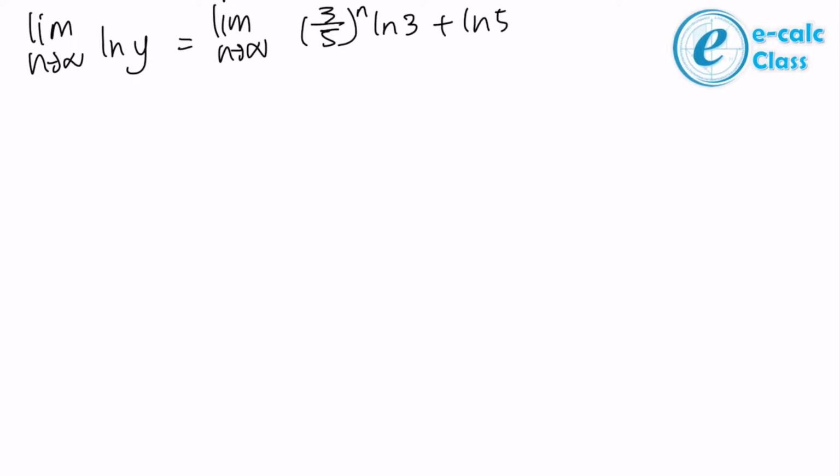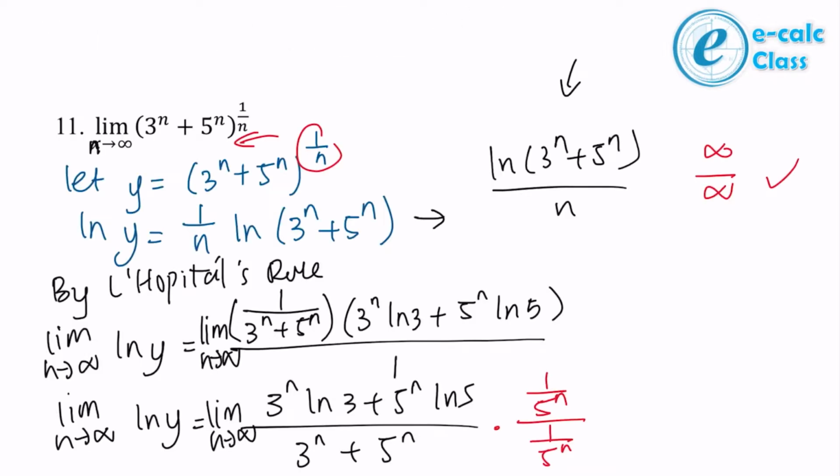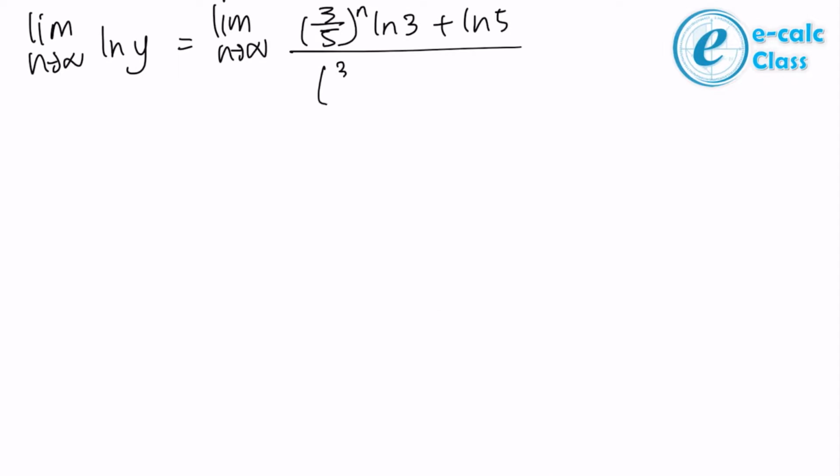Over, again, 3 over 5 to the power n plus 1. And this is very nice because I can say this is 0, this is 0.